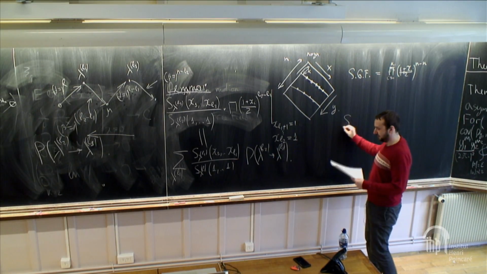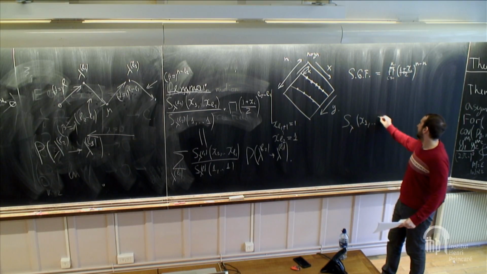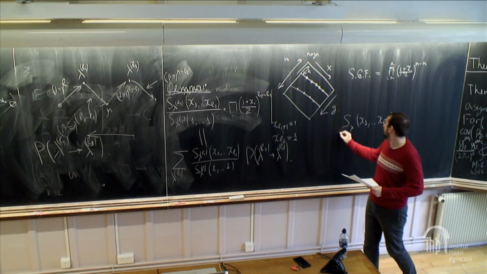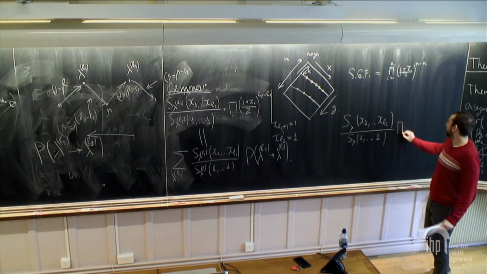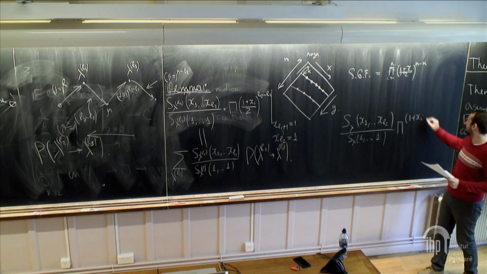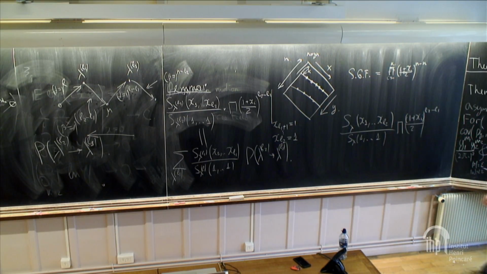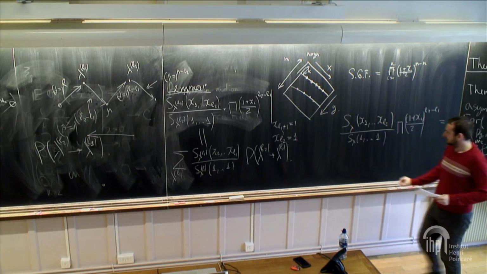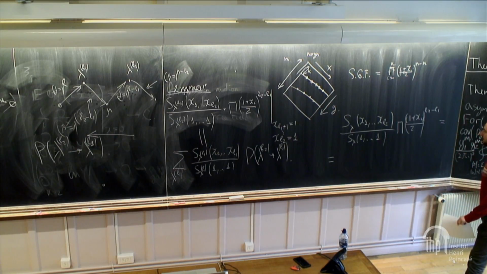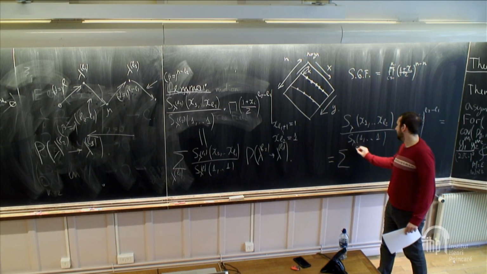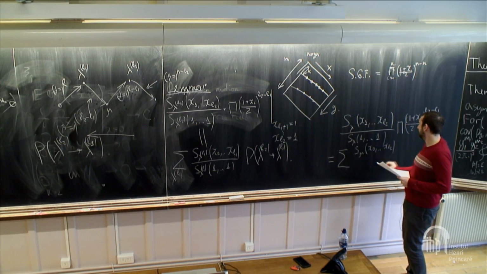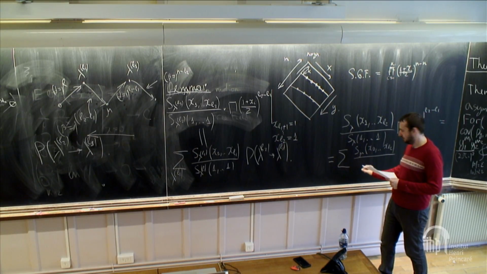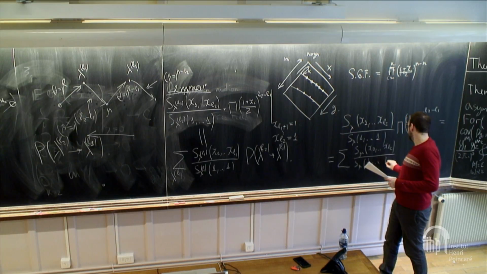So we want to prove the following: S lambda of x1 through xl2 divided by S lambda of ones, if you multiply it by the product of 1 plus xi to the power (L2 minus L1) divided by 2 as usual, and expand it back into Schur functions, gives the sum of S mu of x1 through xl2 divided by S mu of ones.